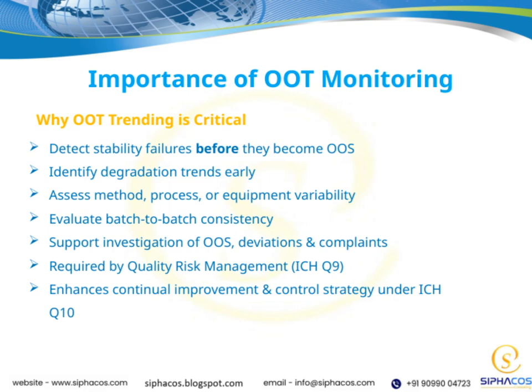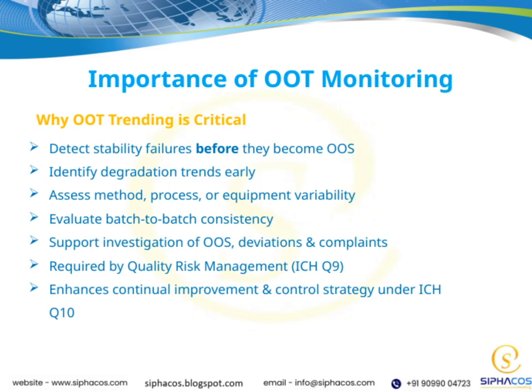Understanding batch-to-batch consistency is another key benefit, as it supports maintaining uniform quality across production runs. Additionally, OOT trending is essential for investigating OOS results, deviations, and customer complaints, helping us pinpoint root causes more effectively. This practice is actually a requirement under quality risk management, specifically ICH Q9, emphasizing its importance in our regulatory compliance.